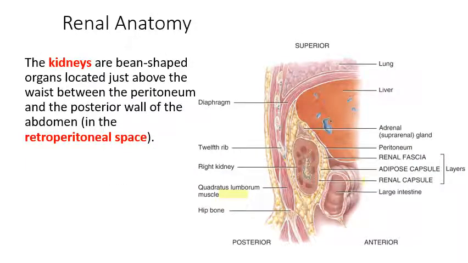All right, so where do we find the kidneys? They're these literally kidney bean shaped organs that are found behind the peritoneum. So these guys aren't within your peritoneal cavity. They're what we refer to as being retroperitoneal, meaning that they are behind the peritoneum.